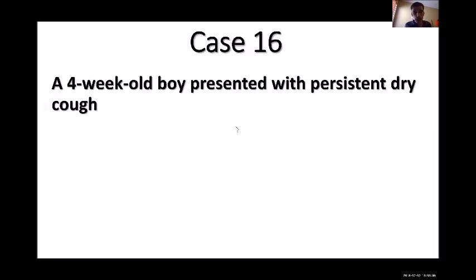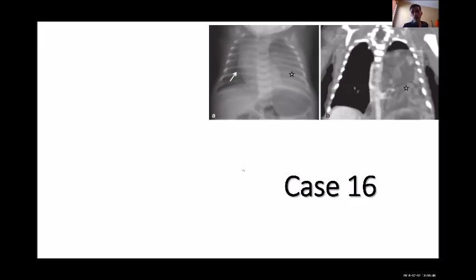Okay, number 16, a 4-week-old boy presented with persistent dry cough. And this is the X-ray. Any comment? No? There is an arrow and there's a star.